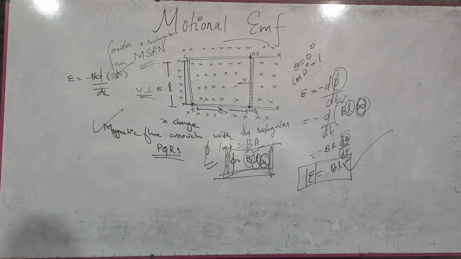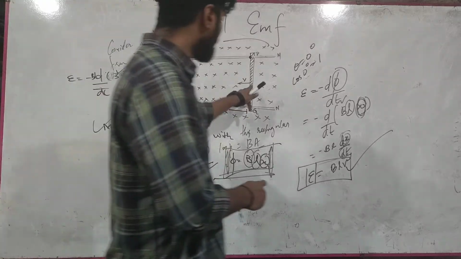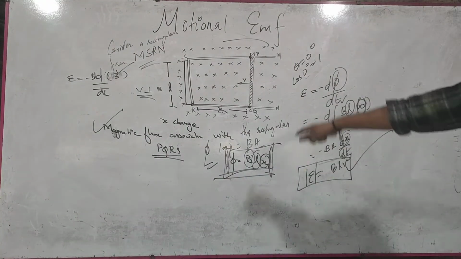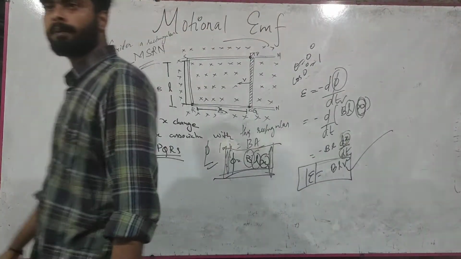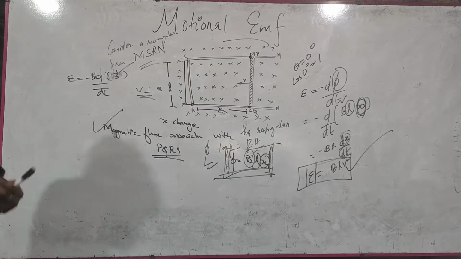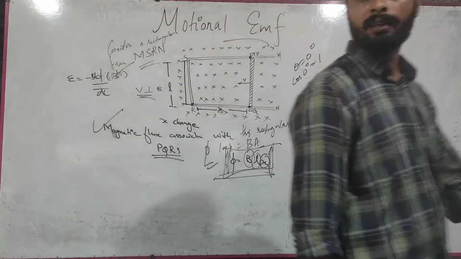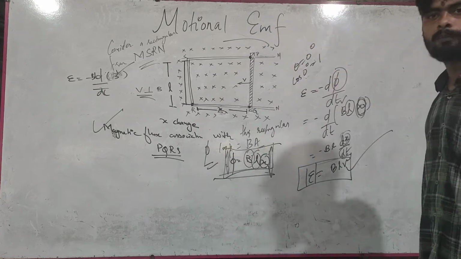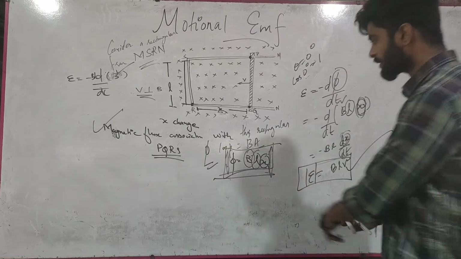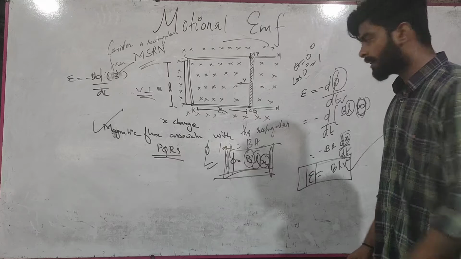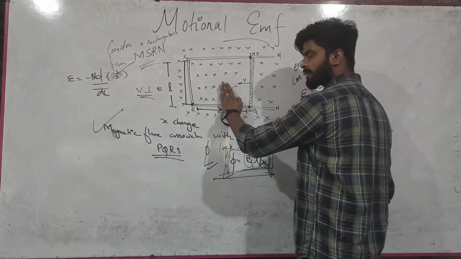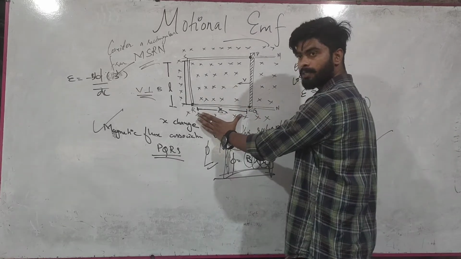So there is a change in magnetic flux. If there is a change in magnetic flux, there will be an induced EMF in the conductor, and that induced EMF will be called motional EMF. So when the conductor is coming into motion, there is an EMF developed in that conductor, and that is what is called motional EMF. From the equation phi is equal to BLX, it is very clear that when this conductor is going to move towards the left, this x is going to change.